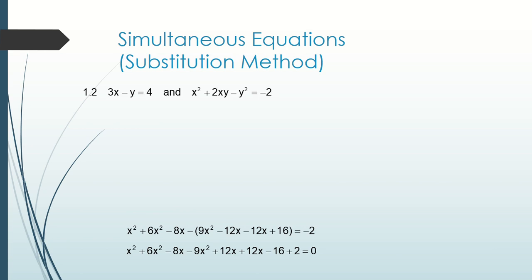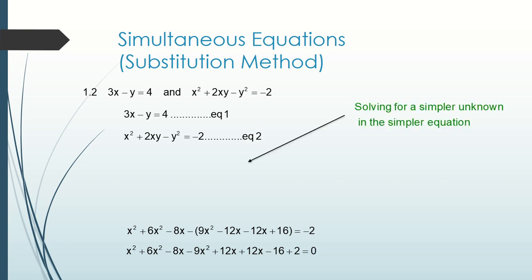Right, so we might have an issue here, but just focus on the top. There's some technical issues. So we are given these two equations. You have 3x minus y equals 4, that's your equation 1, and then your equation 2. Then you choose the simpler equation, which is equation 1.